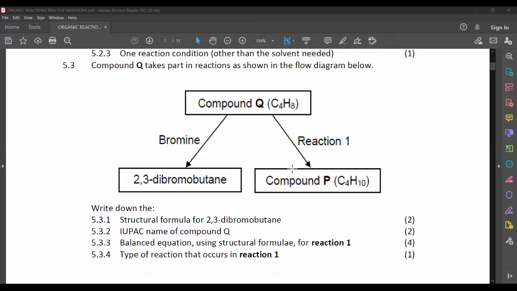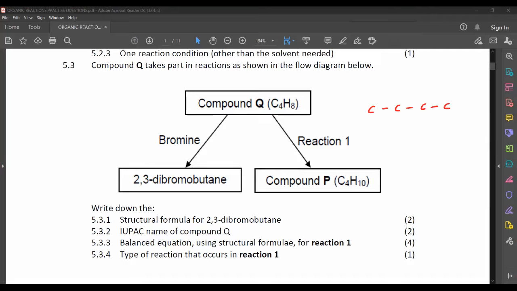Then it says here in 5.3.1, write the structural formula of 2,3 dibromobutane. Let's get this clear. So 2,3 dibromobutane. In my example here, I'll have it this way: 1, 2, 3, 4.